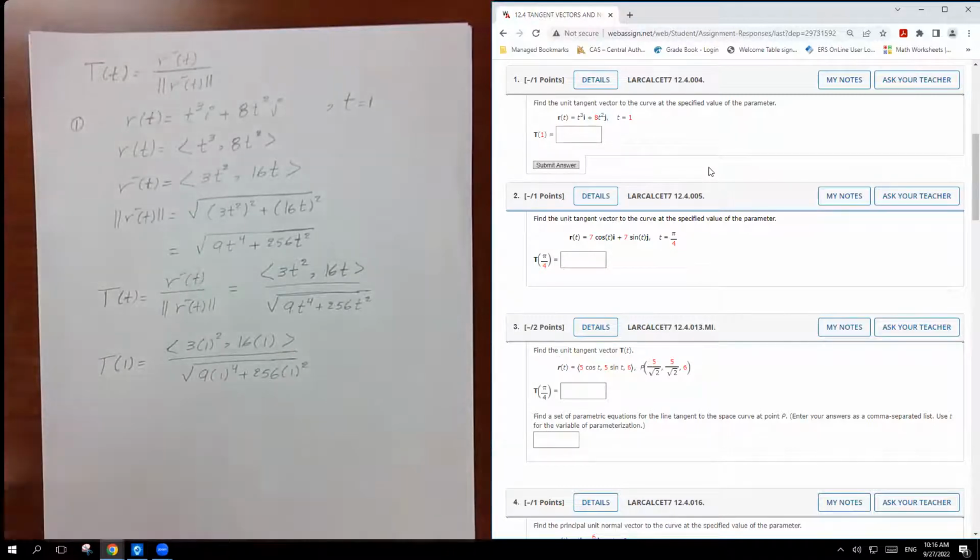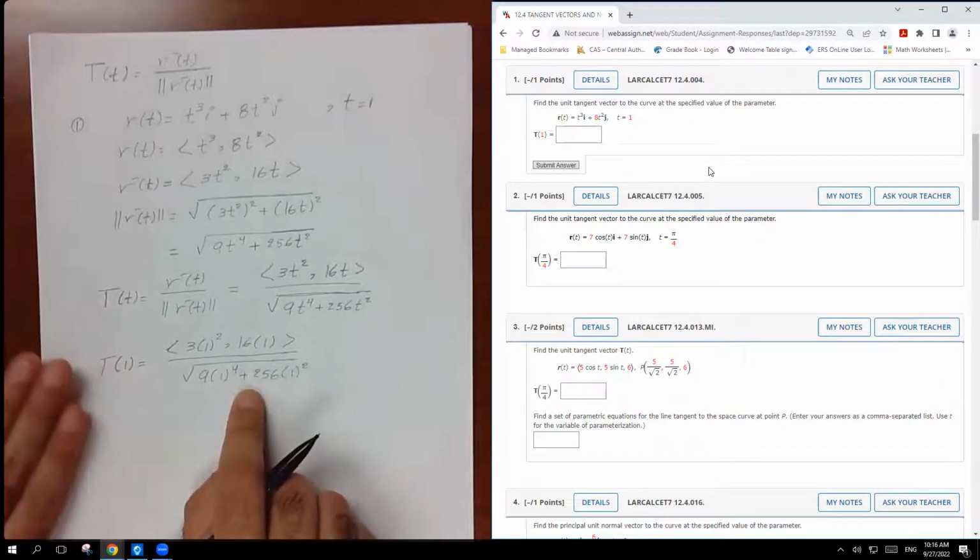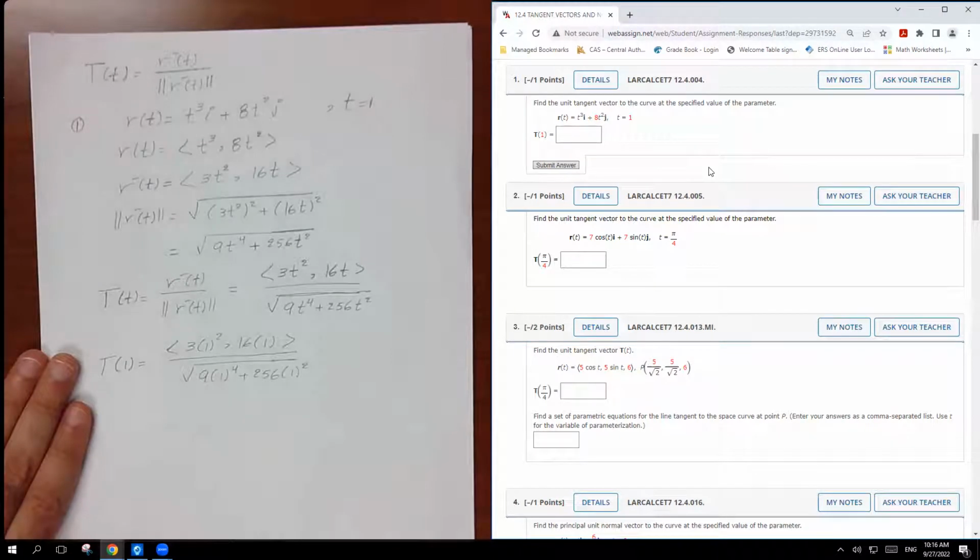Then the next step, you're just going to simplify this one. So it's going to be 256 plus 9 and take the square root. In fact, not 256 because we had to add the 9. 256 plus 9 is 265, the square root of 265.